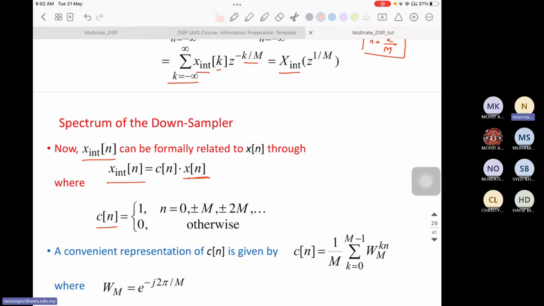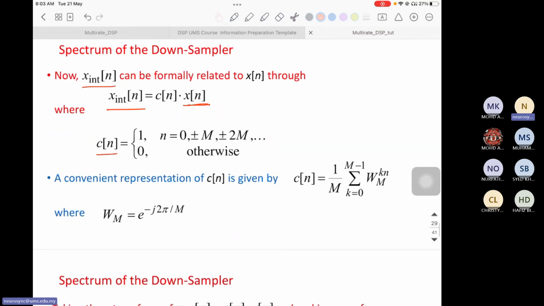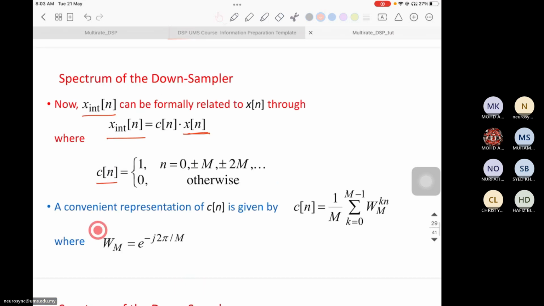Okay. So c of n, for convenience, I can write like this: 1 by M summation k will go from 0 to M minus 1, W_M^(kn). This is the twiddle factor. So what is W_M? e to the power minus j 2 pi by M.